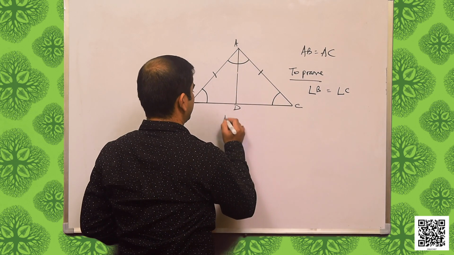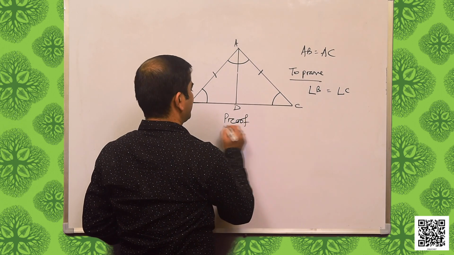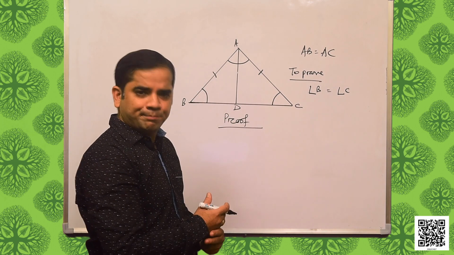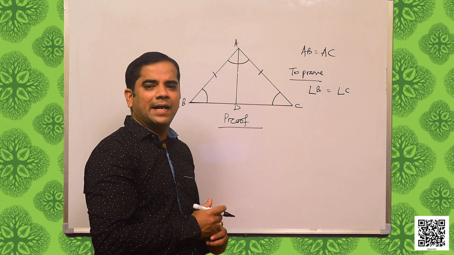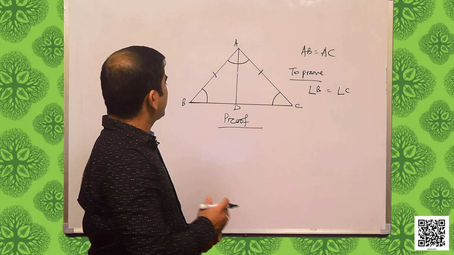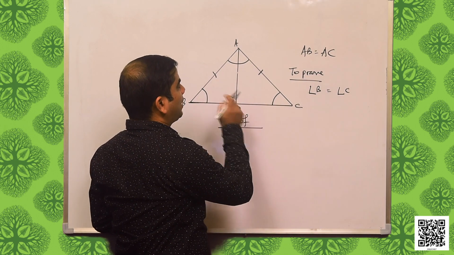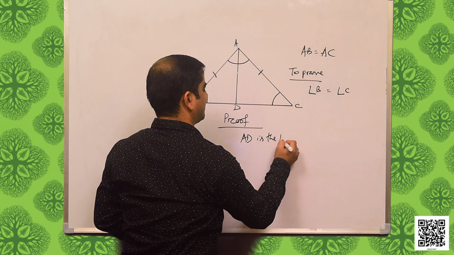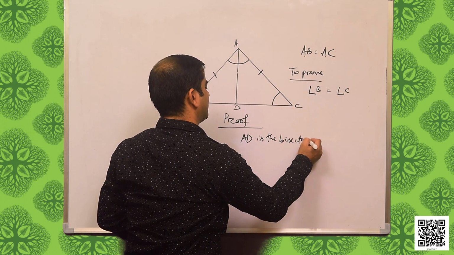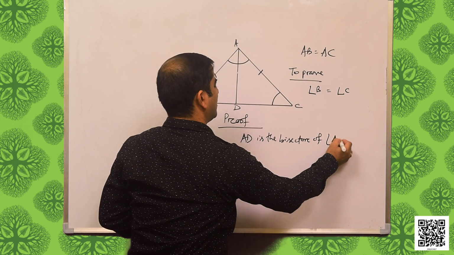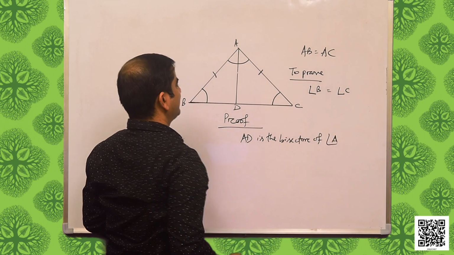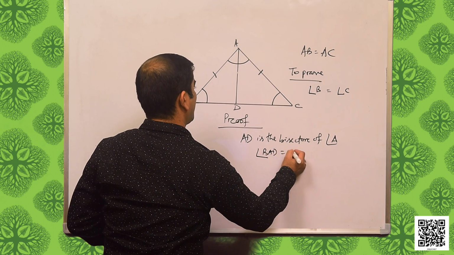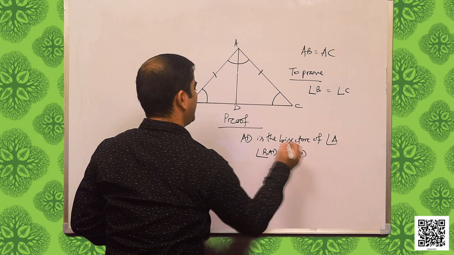Let us construct a bisector of angle A that is intersecting BC at point D. So, AD is the bisector of angle A. What does it mean? It means angle BAD is equal to angle CAD.